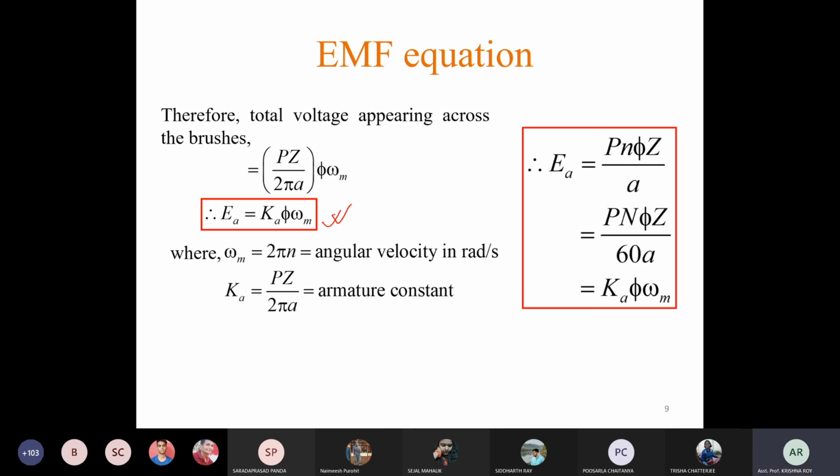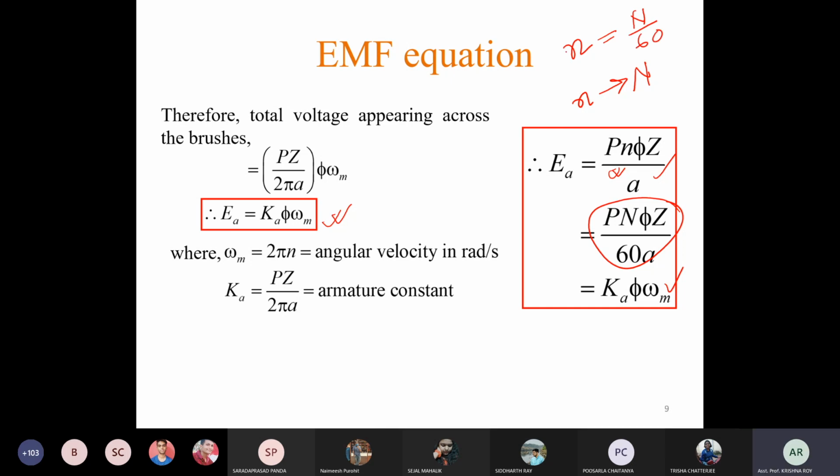There is another way of expressing this Ea. So these are three different ways. We have seen this one and this one, and this one we can derive from this expression. Here, if we convert RPS into RPM, then we have to divide capital N by 60. That means small n equals capital N by 60.